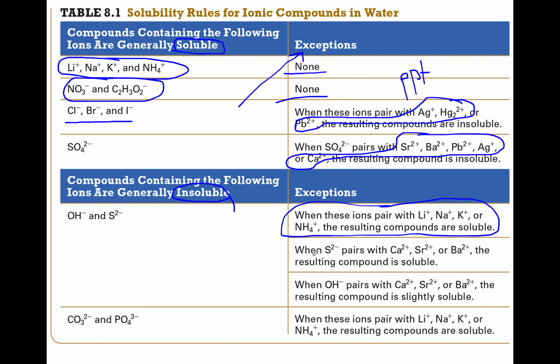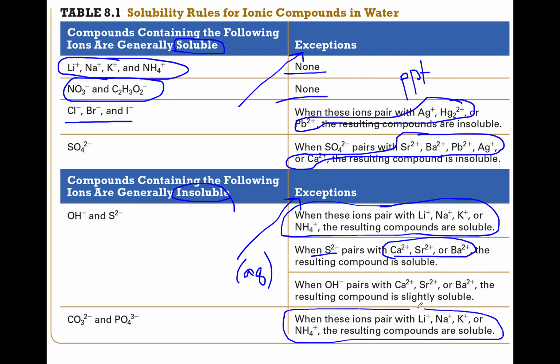Here's an exception, sulfide, and these are now an exception to an insoluble rule. If it's an exception to an insoluble rule, that makes it aqueous. Carbonates and phosphates are insoluble, except, as we just saw, our alkali metals and ammonium.